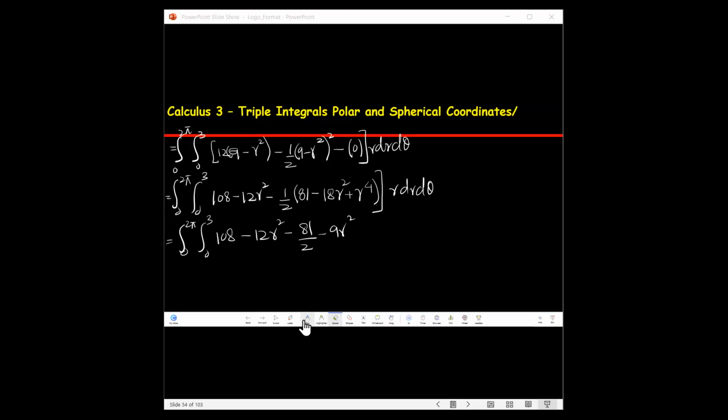It's going to be minus half r to the 4. Okay, let's see if we can simplify it further.